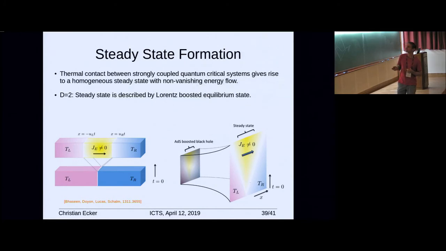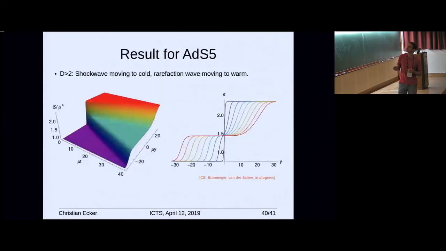When you bring these two heat baths into contact, here I plot the energy density as a function of time. During the time evolution, a steady state region forms with constant energy flow.